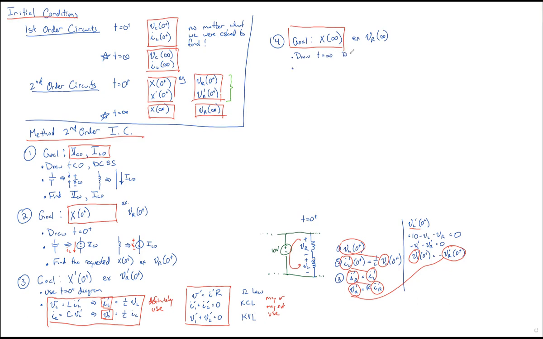And that means we're going to be in DC steady state because nothing is changing at time infinity. So capacitors become opens, inductors become shorts. And now you find directly whatever you're asked to find. Not VC, not IL at infinity, but whatever you're asked to find, which, as our example, would be that V sub R.